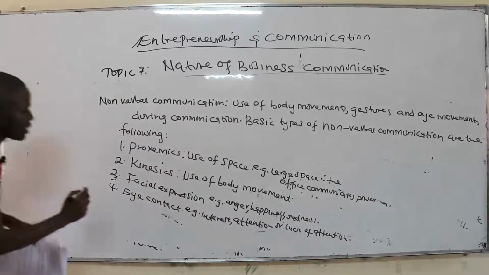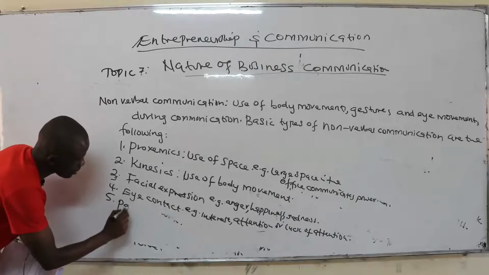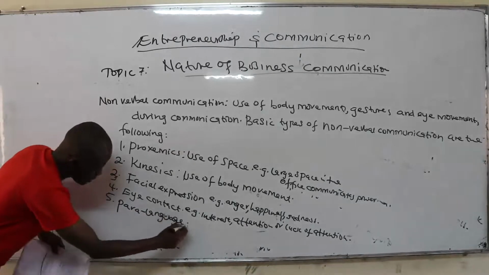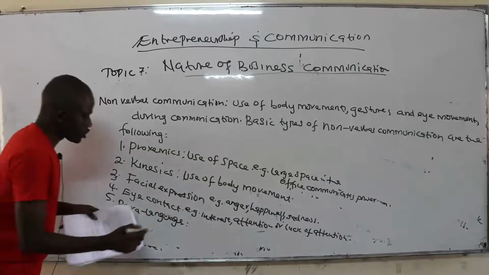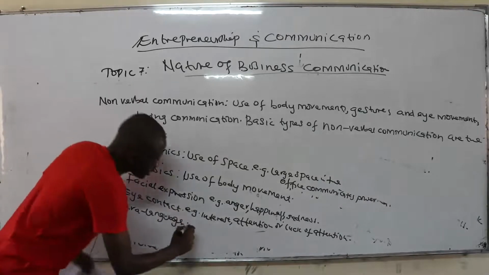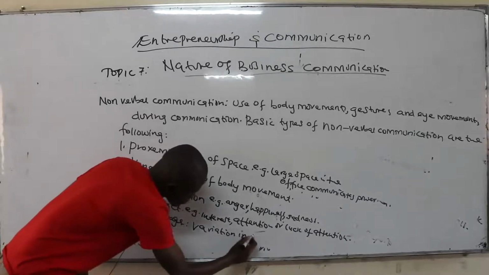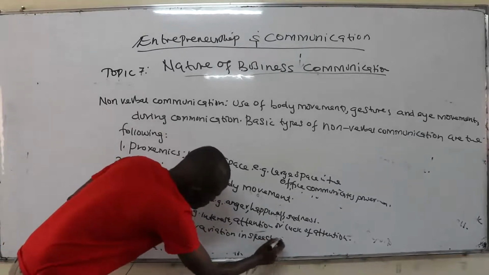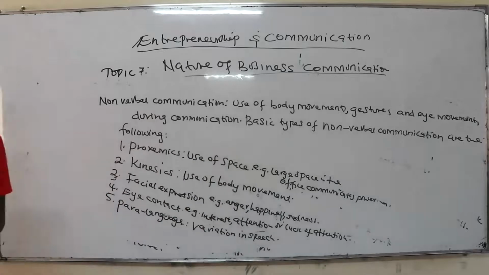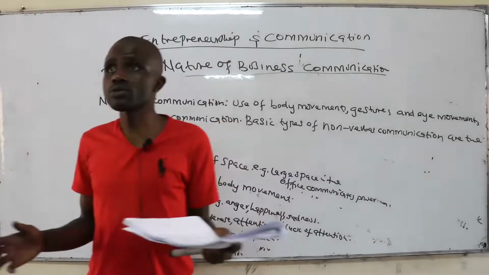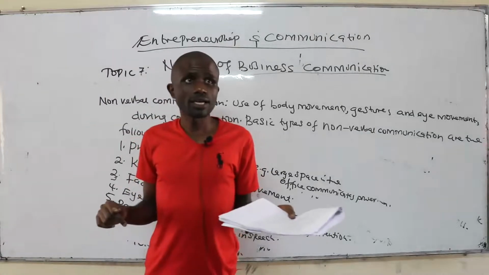And then we also talk about paralanguage. What is paralanguage? Paralanguage simply means variation in speech. For instance, if I politely tell someone, come here, I'm using words to say it, and it means I'm polite.